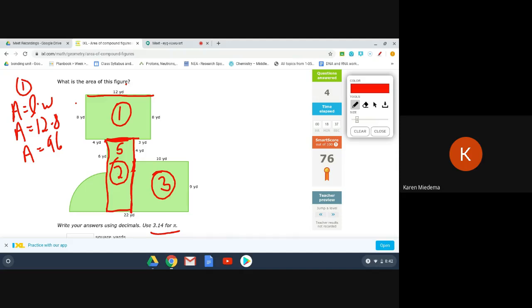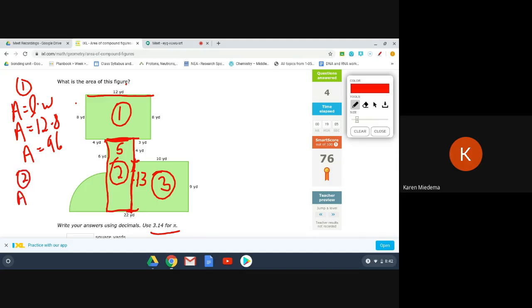Now to find the width. Well, I know that this piece from here to here is 9, and this piece from here to here is 4. 9 plus 4 is going to give me 13. So I know that that whole piece is 13. So now I have my measurements 5 and 13.